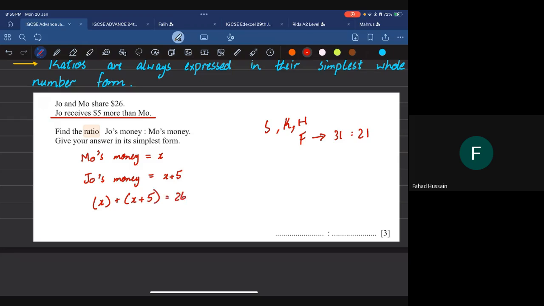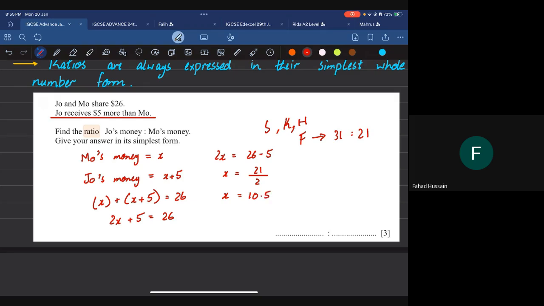Then, Fahad, what should we do? Add them up. So this is going to become 2x plus 5 is equal to 26. 2x is going to be equal to 26 minus 5, which means x is equal to 21 over 2. Right, Fahad? I think I'm doing it correctly. And this is going to be 10.5.